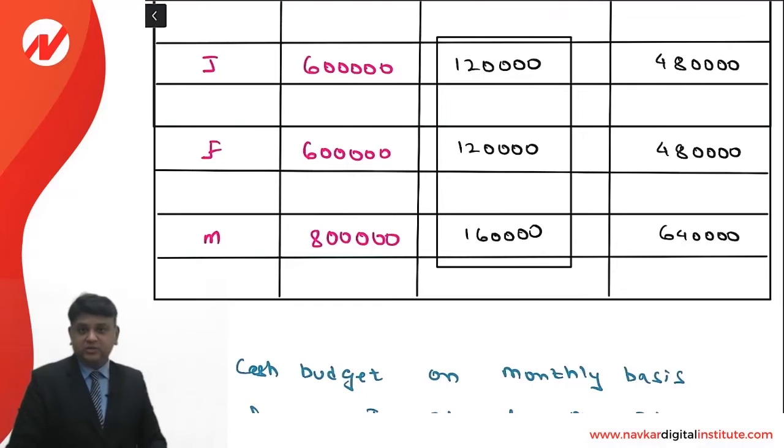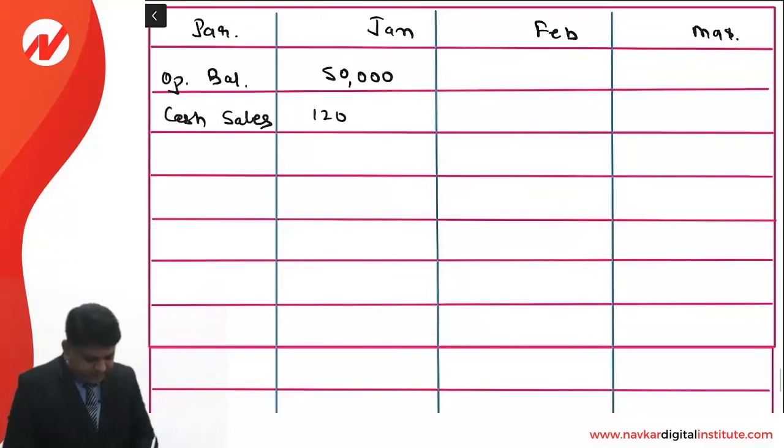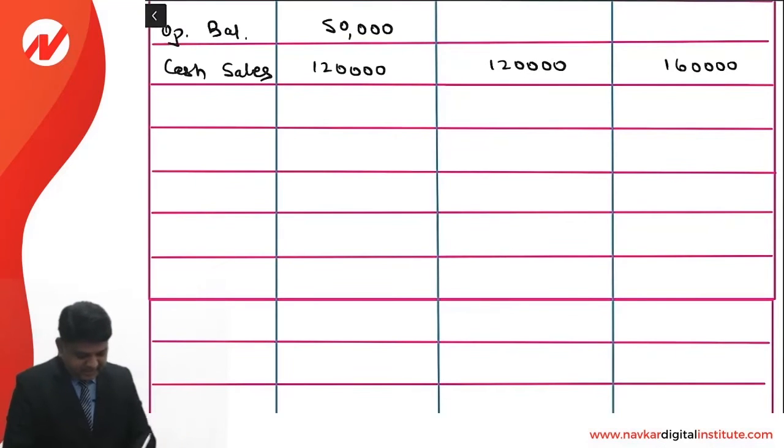That is 1,20,000, 1,20,000 and 1,60,000. It is 20% of the sales of January 600, February 600 and March 800. The next is the collection of credit sales.